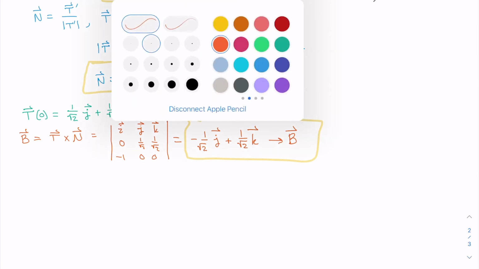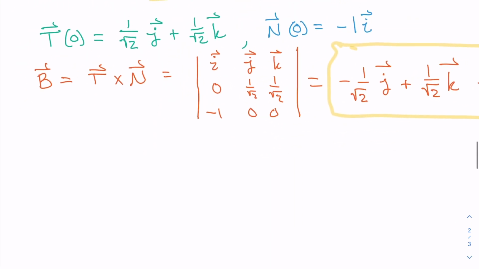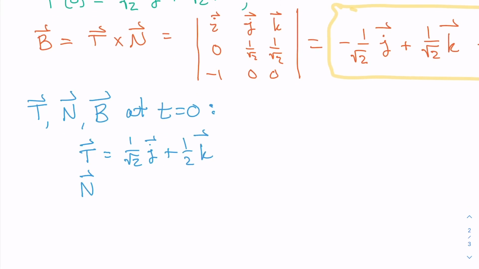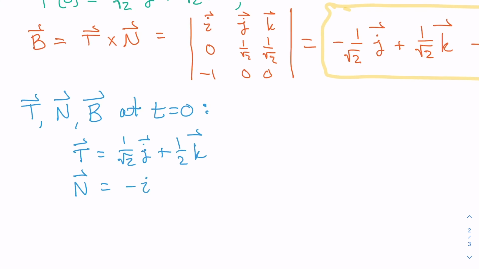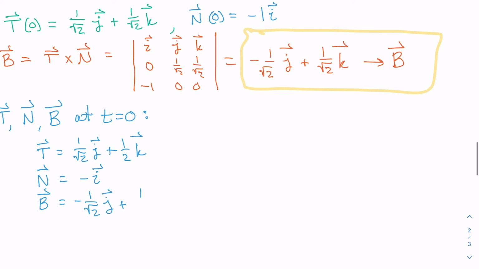Our t, n, and b vectors at t equals 0: t is 1 over root 2 j plus 1 over root 2 k, n at t equals 0 is just negative i, and b at t equals 0 is negative 1 over square root of 2 j plus 1 over square root of 2 k.